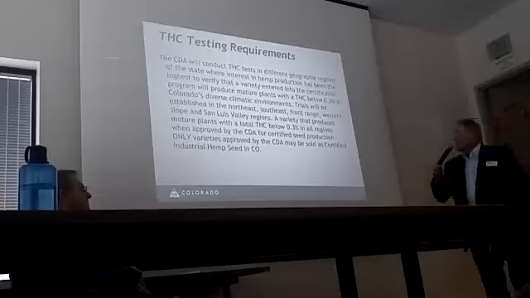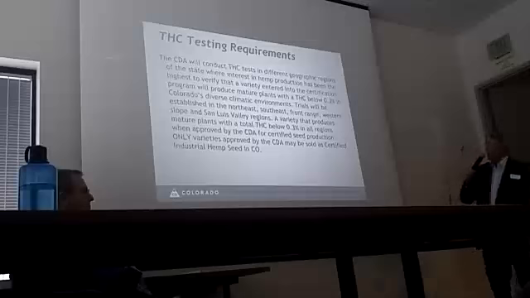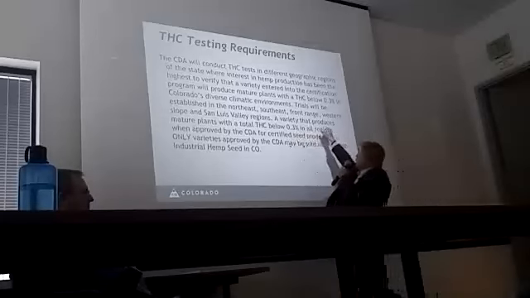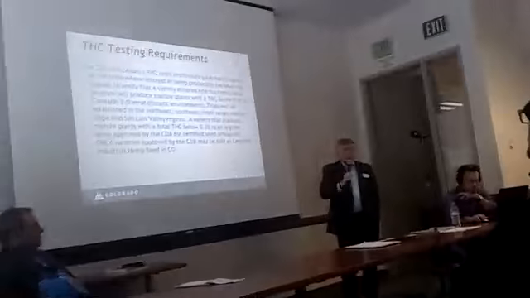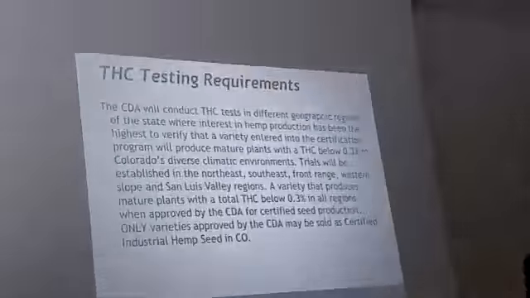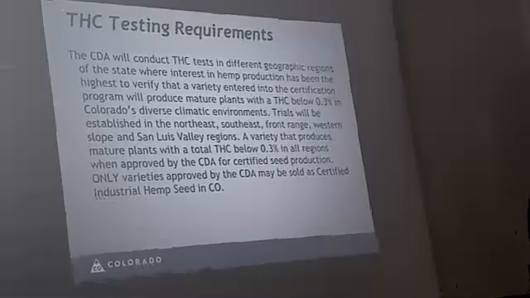The THC testing requirement, the CDA will conduct tests. Again, as I mentioned, trials will be established in the northeast, southeast, front range, western slope, San Luis Valley, and we'll be looking at mature plants. We'll be looking at them when they are fully mature. So that farmer that decides to harvest early, he's going to be way under 0.3%.